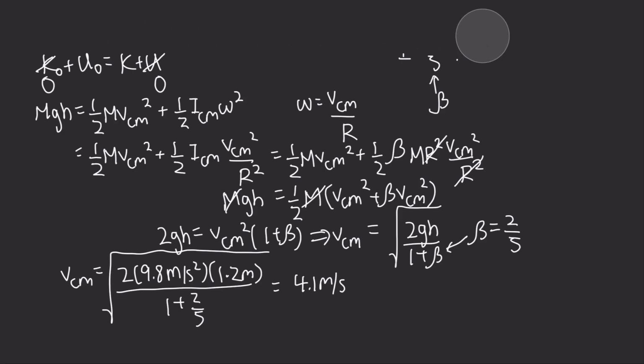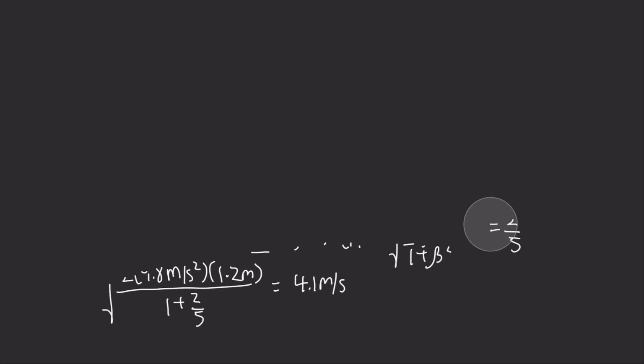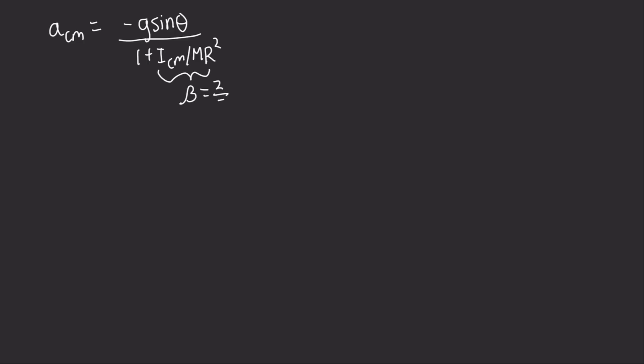Now, the second part of this question asks us what the magnitude of the frictional force on the ball is. So we just found out that the acceleration of the center of mass can be written as this equation here. And based on what we just saw, this simplifies to beta, and for a solid sphere, beta is just equal to 2 over 5.